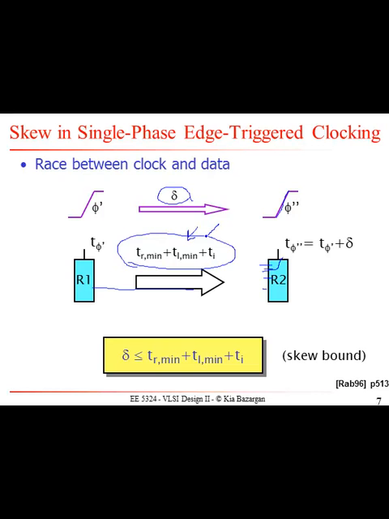But if these guys are too fast, they could come in and override whatever values you had here, and by the time the clock arrives, you have lost the previous values that you never caught and never saved in R2. So this is a race condition, right? This means that your input is coming too fast and is overriding the value from the previous cycle that you never got a chance to write. Okay, and if you think that this is an unreasonable assumption, it's really not.